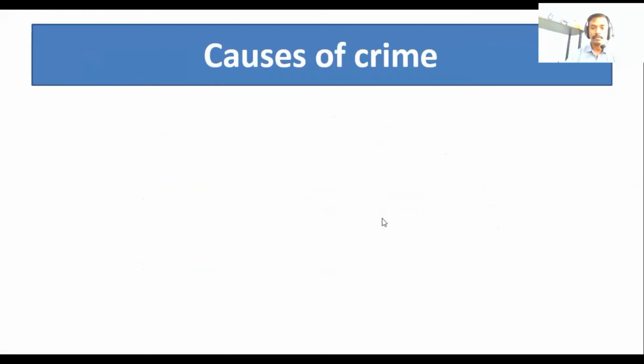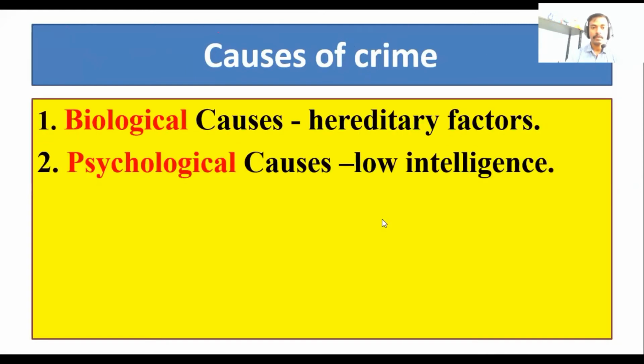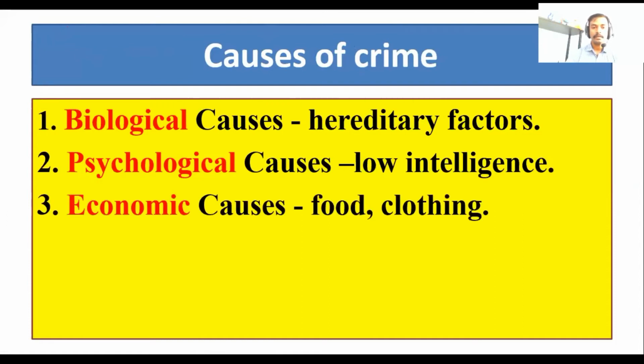Then causes of crime. One, biological causes. Biological means hereditary, some genetic factors, criminal behavior from parent to child. Then psychological causes, mainly low intelligence, negative personalities. Three, economic causes.